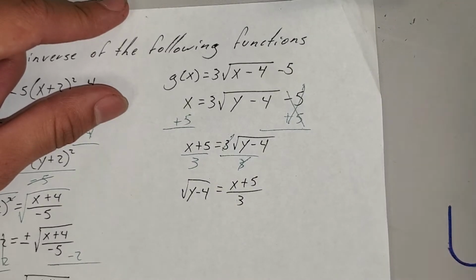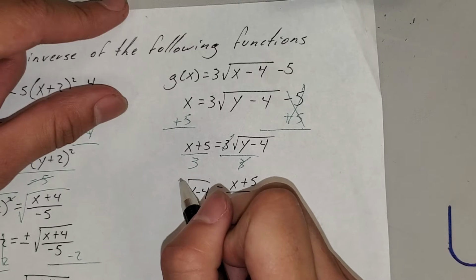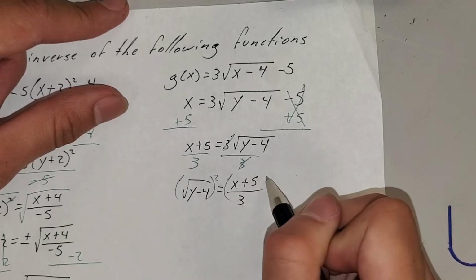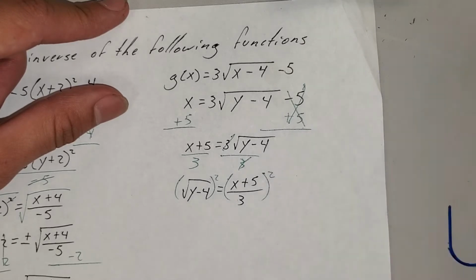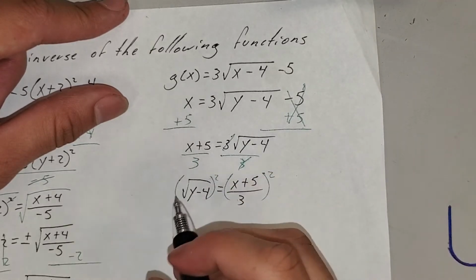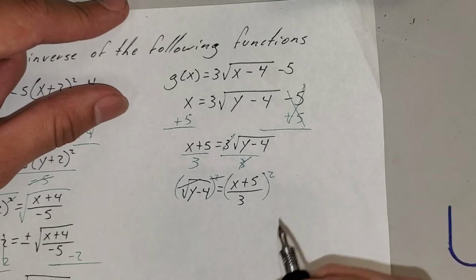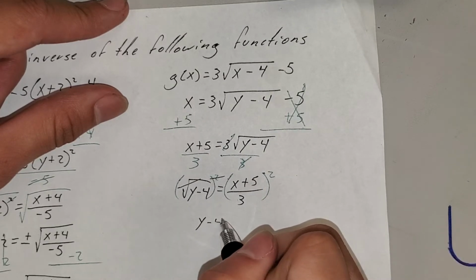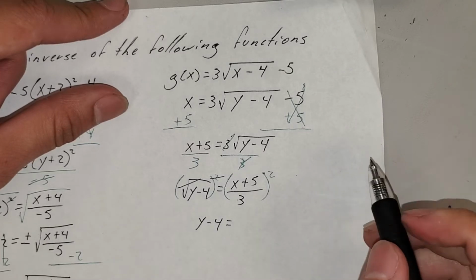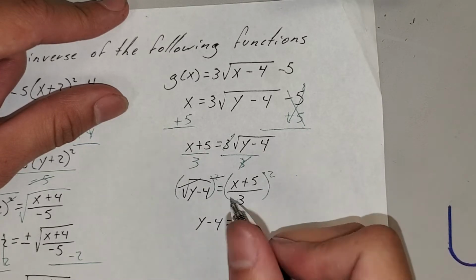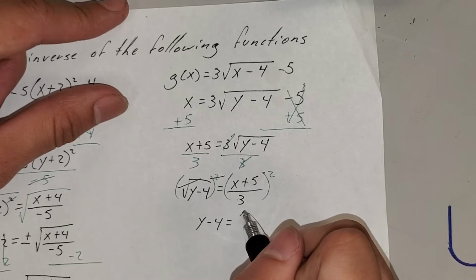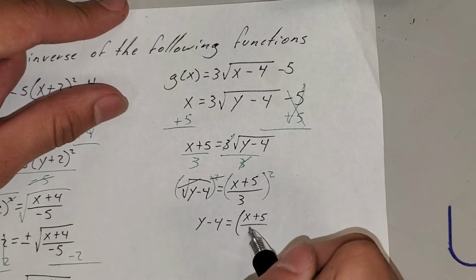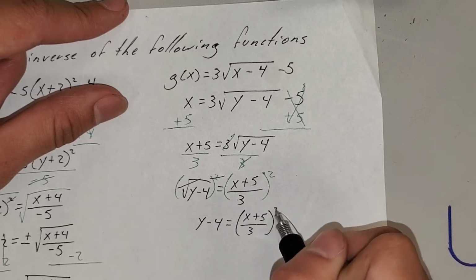The same thing applies here: squaring both sides. The whole thing squares. These cancel out, so I get y minus 4 equals this whole thing squared, x plus 5 over 3, squared.